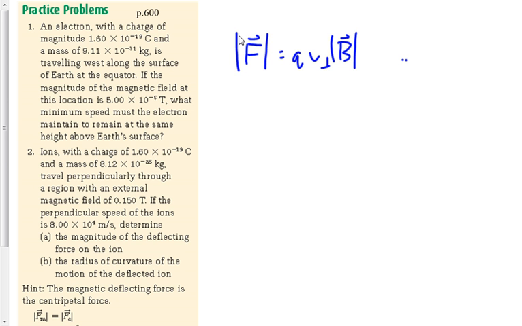How come? If the particle is moving parallel to the field, the force is what? 0, right. So there's no reason why we'd use an equation or a hand rule to figure out the direction or the magnitude of the force when we know the force is 0. So if it's perpendicular, use the hand rule, use this equation. If it's parallel, there is no force, don't do anything, question's done.